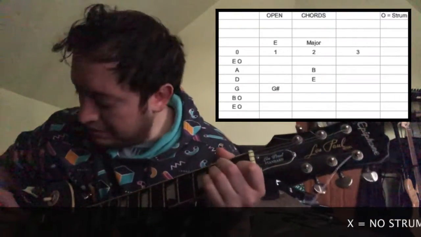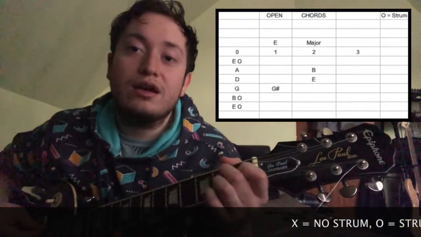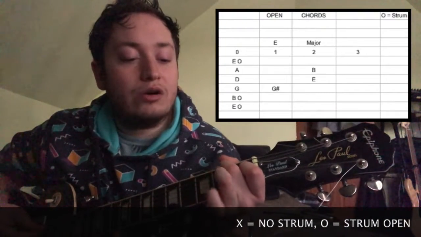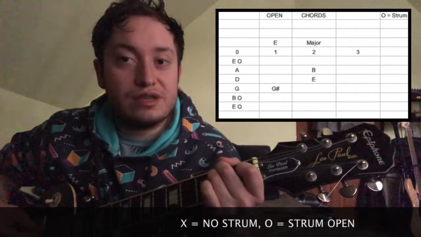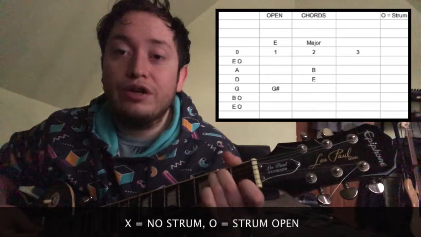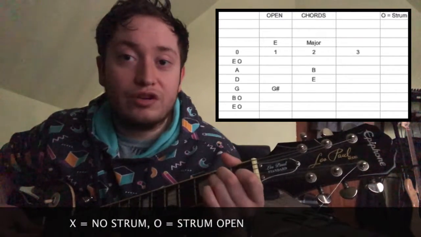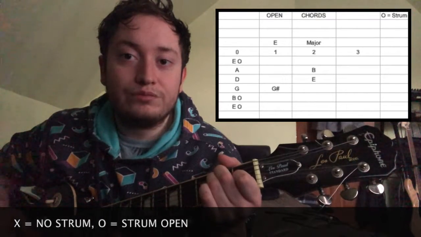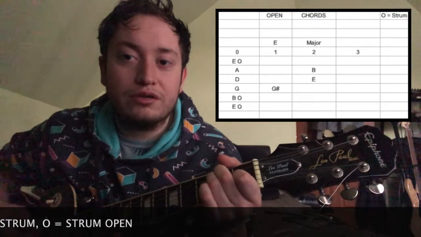So E major: we've got our middle finger on the 2nd fret of the A string. Then we've got our ring finger right below that on the 2nd fret of the D string. And then we've got our pointer finger on the G string, but on the 1st fret. So it sounds like this if you strum them all up. Reminds me of a Radiohead song.